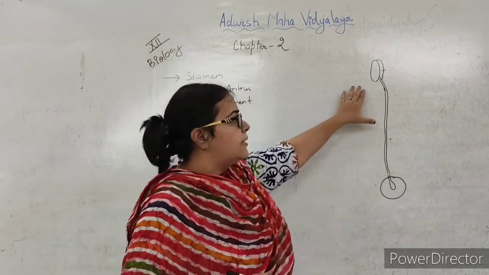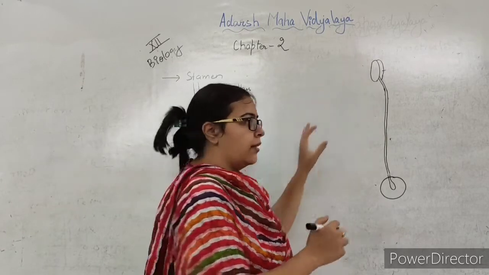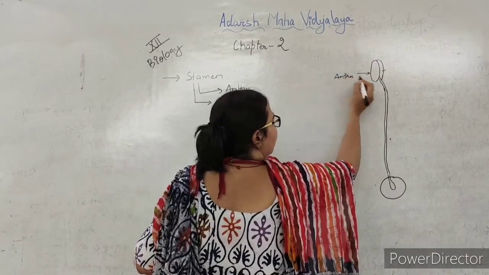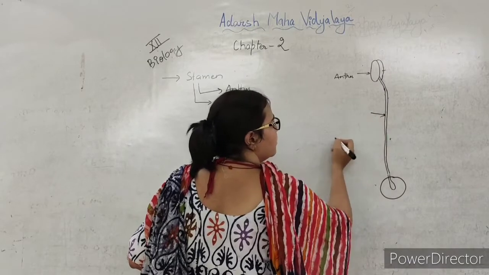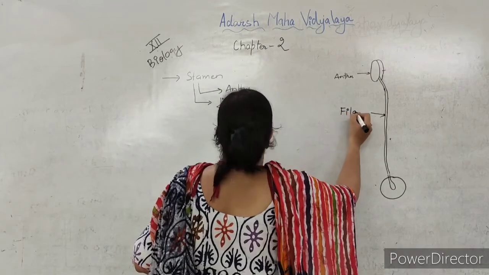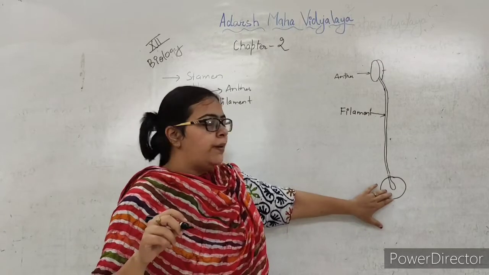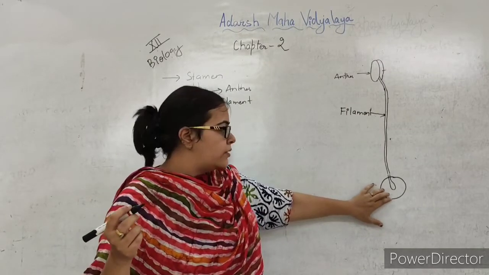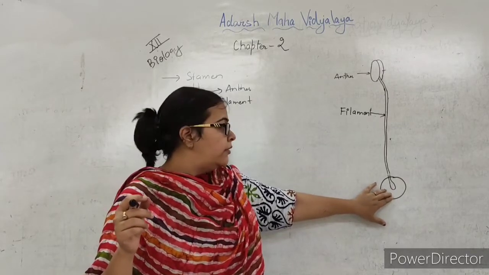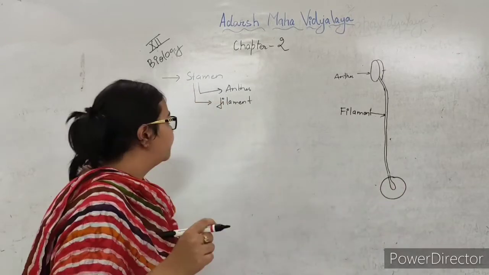As you can see in this diagram, this terminally located bilobe structure is nothing but anther, and this long slender stalk like structure is nothing but filament. Now this part can be attached with the flower, the proximal end you can call. This proximal end can be attached with the thalamus of the flower or the petal of the flower.